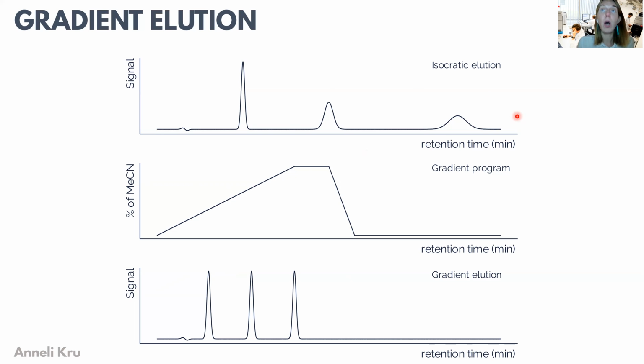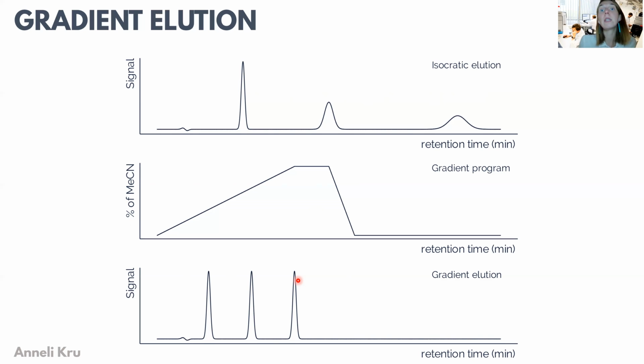So very wide peaks, even if their peak areas are exactly the same. For example, here, the peak areas for the isocratic run and the gradient run are the same for all of these three peaks. And only for the gradient elution, we see a very nice sharp peak. And this, of course, is much simpler to detect.